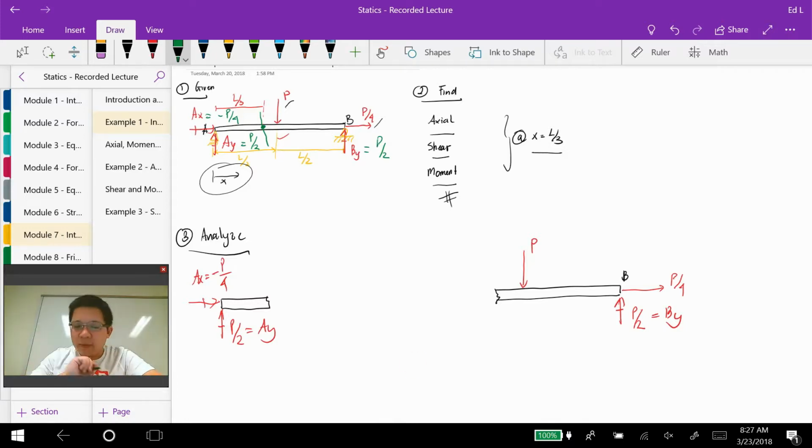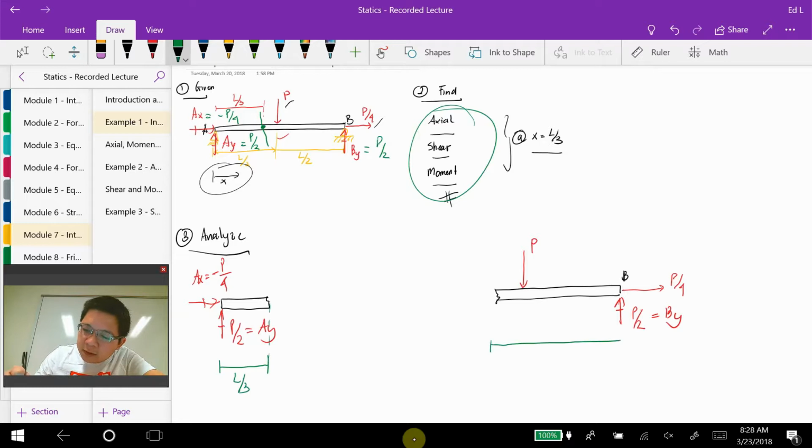Oh, wait a minute, it's not complete yet because there's one thing we're missing, which is the internal forces. Remember, when we make a cut we see the forces. We make a cut at x equal to L over 3, so this length of the beam is L over 3, which makes this length 2L over 3, and the distance here is L over 6.